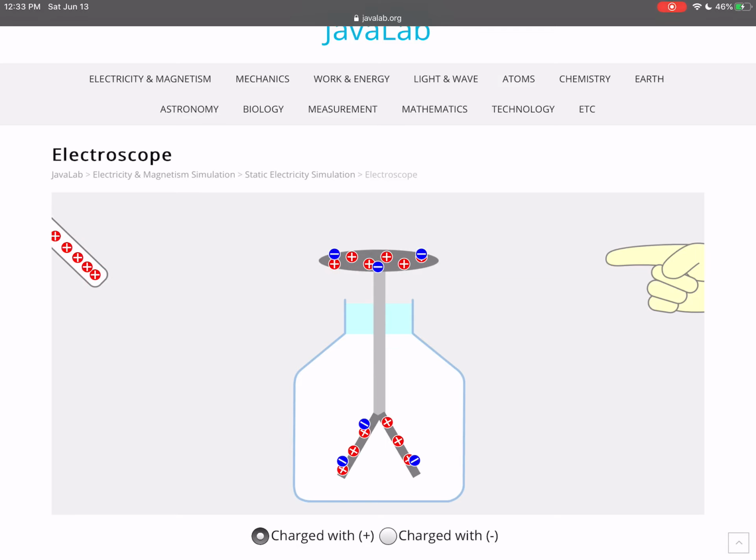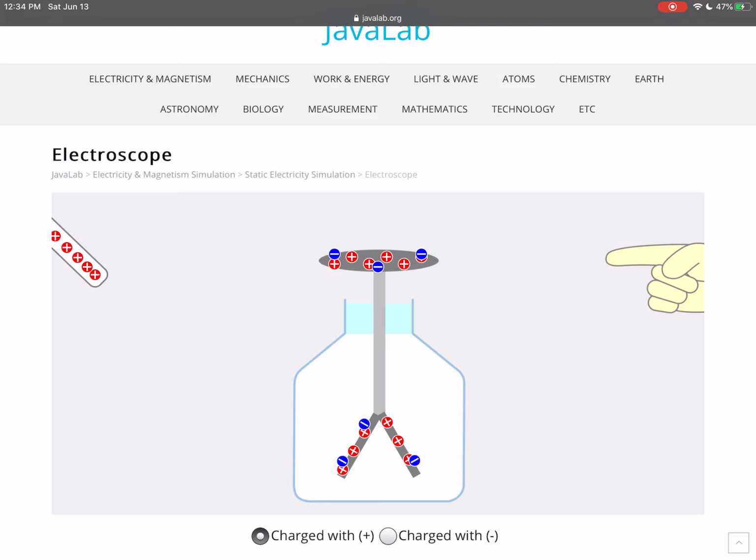This process of producing a charge on the electroscope without touching it with the charged rod itself and without directly transferring charges is called charging by induction. It works by inducing polarization in the metal components of the electroscope and then grounding it so that the extra charge can be repelled into the ground.